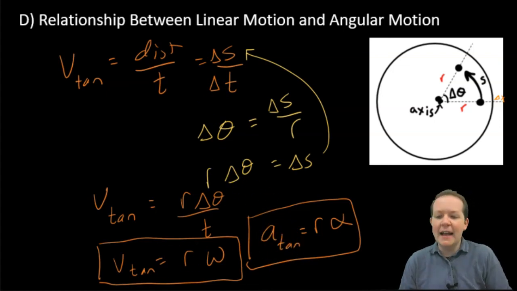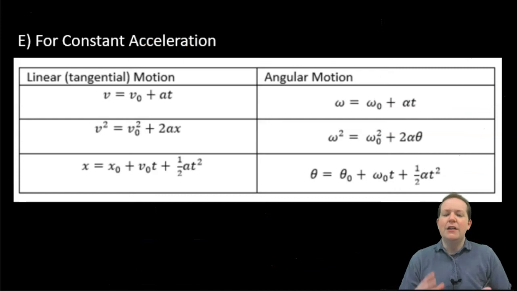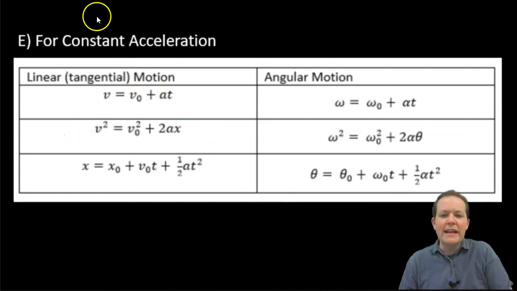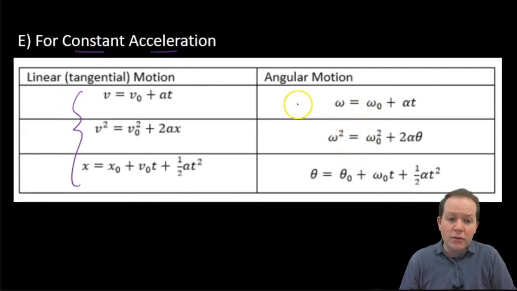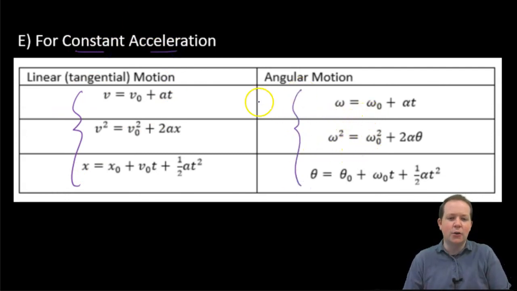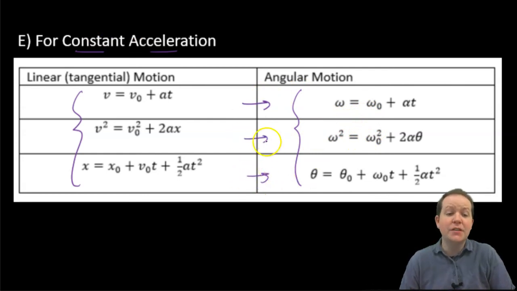The last thing: if you have constant acceleration, we learned 3 equations that dictate the motion of objects. Well, I can have something rotating with a constant acceleration. And once again, I have cousins. I would absolutely copy this down. I might recommend you copy both down just so you clearly see that they're cousins.